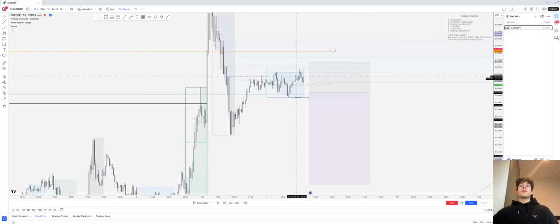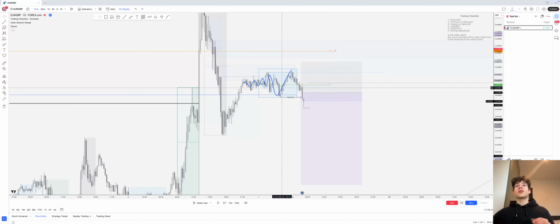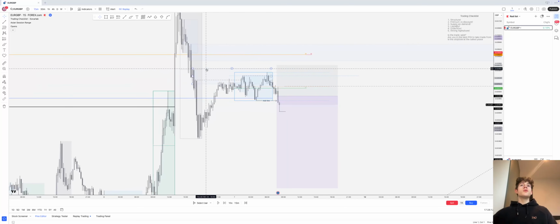So at this point in time, I wake up and I can see that we had this kind of a range, right? We then swiped the high of the range, meaning that this could be a nice high after we break this low. So what happens is we break that internal structure. So what does this mean?